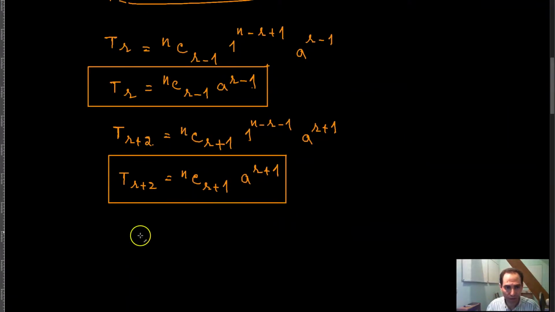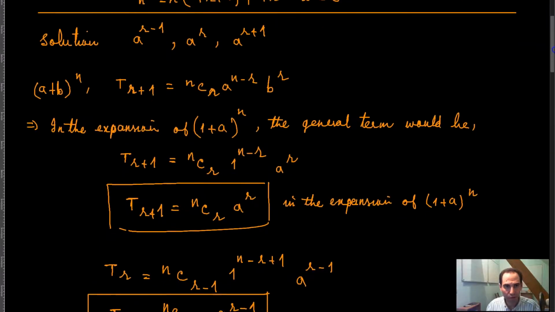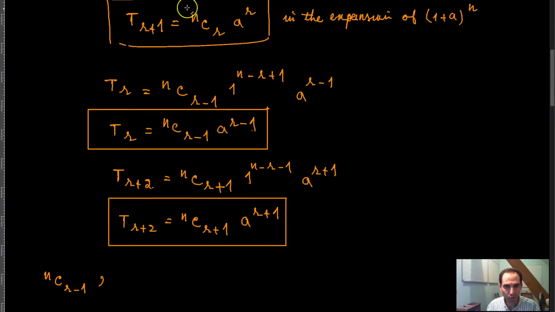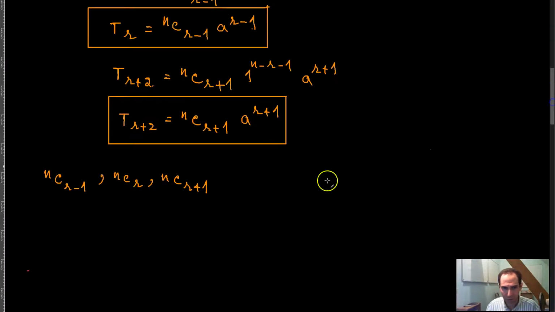So I can say that this coefficient, n combination r minus 1, then the next term a raised to the power r, whose coefficient is n combination r, and then the next one is n combination r plus 1. These coefficients are in arithmetic progression.